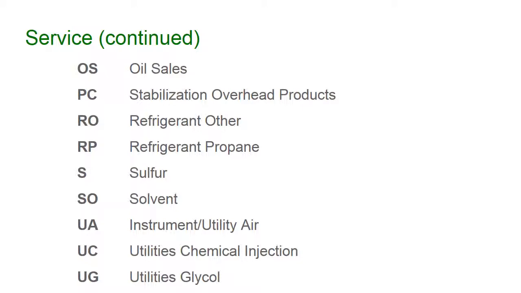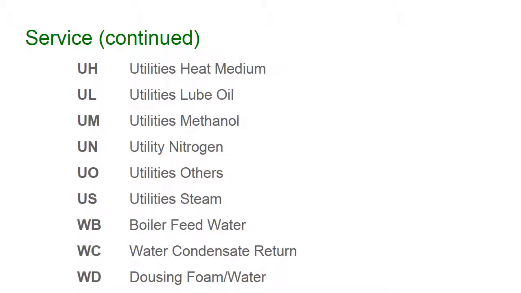RO, refrigerant other. RP, refrigerant propane. Sulfur. SO, solvent. UA, instrument utility air. UC, utilities chemical injection. UG, utilities glycol. UH, utilities heat medium. UL, utilities lube oil. UM, utilities methanol. UN, utility nitrogen. UO, utilities others.